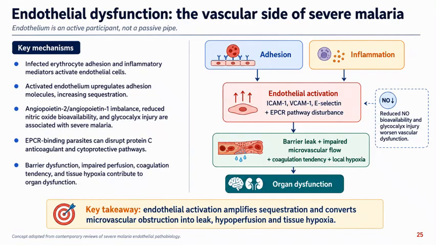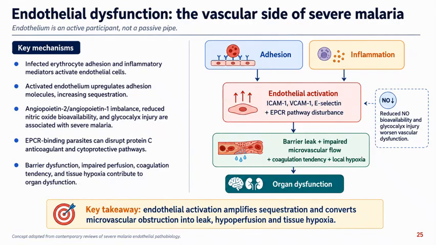Angiopoietin imbalance, reduced nitric oxide bioavailability, and glycocalyx injury worsen vascular dysfunction. EPCR binding parasites may interfere with anticoagulant and cytoprotective protein C signaling. The consequences are barrier leakage, impaired perfusion, procoagulant tendency, and local tissue hypoxia.